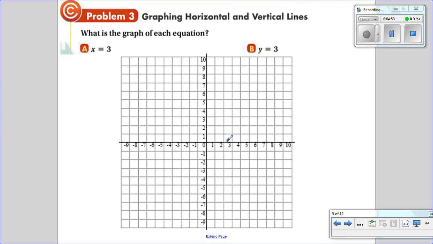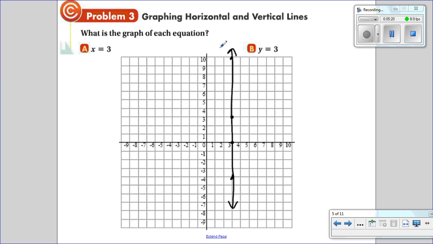So if you say, well, y is 0. Okay, x is 3. Y is 3, x is 3. Y is 10, x is 3. Y is negative 4, x is 3. X is 3 no matter what. And therefore what that means is x equals 3 is a vertical line.